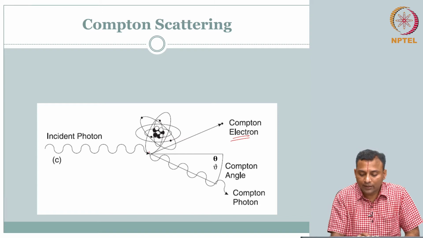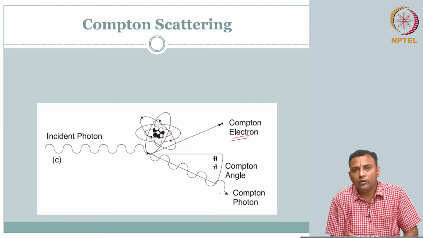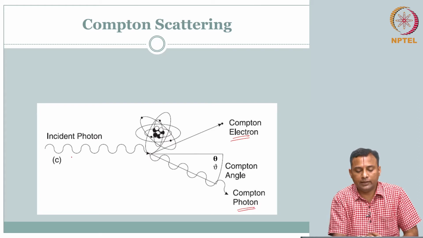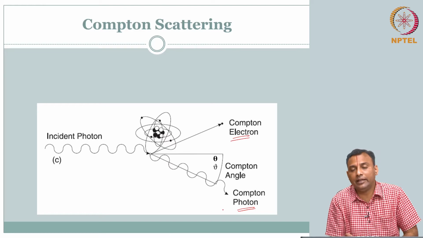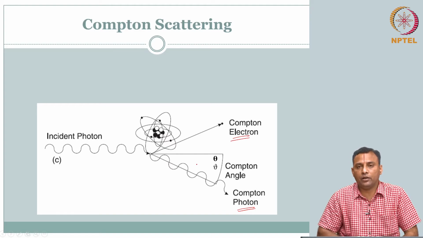Likewise, here you have the Compton photon. What is the Compton photon? It is still the photon, but with reduced energy due to Compton scattering. So the Compton photon is the incoming energy that is reduced due to Compton scattering. It has lost some energy in this interaction, and it is on a different path, at a different angle now.